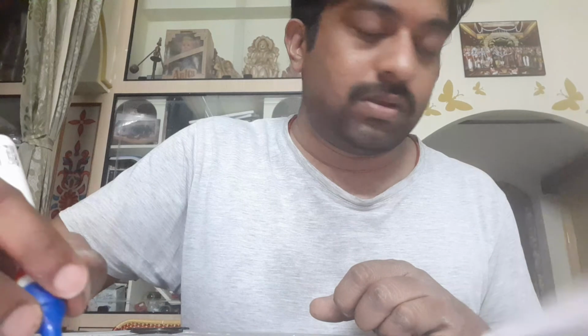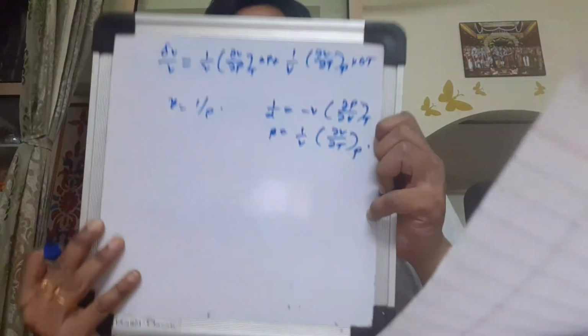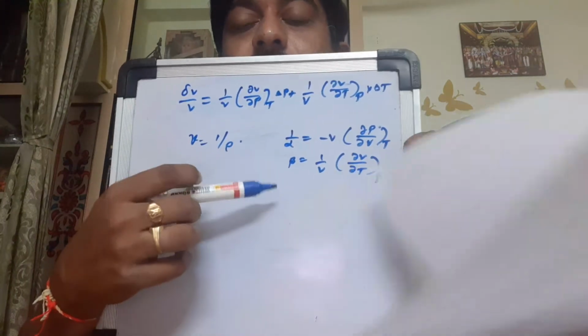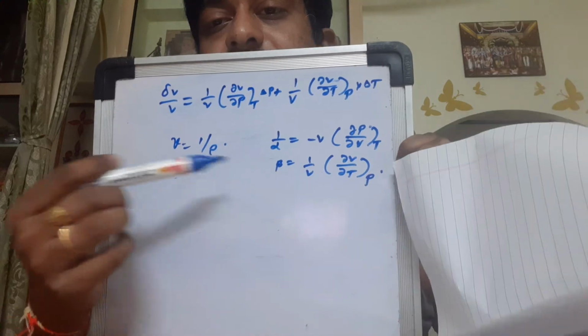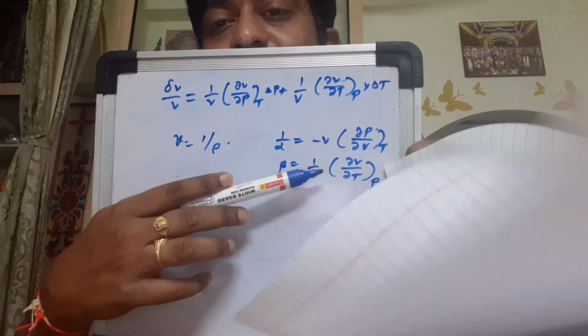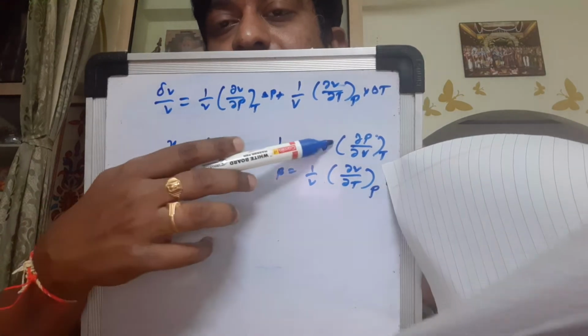Again I am writing this relation: 1 by alpha is equal to minus V dou P by dou V at constant temperature, and beta is equal to 1 by V dou V by dou T at constant pressure, and V is equal to 1 by rho. So these are the relations we have.